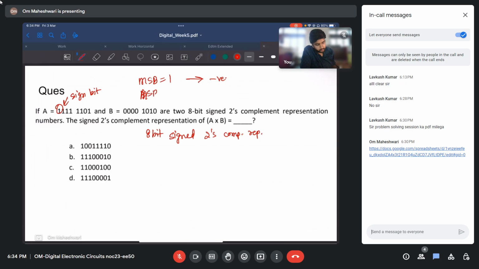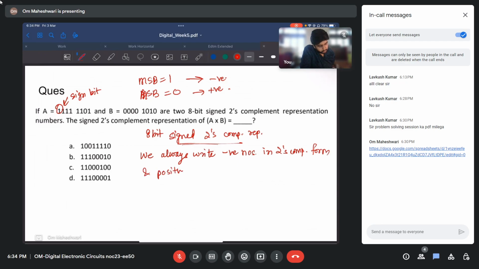If the MSB equals 0, it is a positive number. In this representation, we always write negative numbers in 2's complement form and positive numbers in normal form.